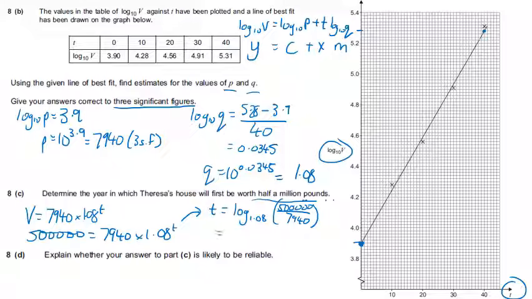So we get that. And this gives us 53.8. Now we're starting from the first year was 1970. So the year is 1970 plus 53.8, which gives 2023.8.